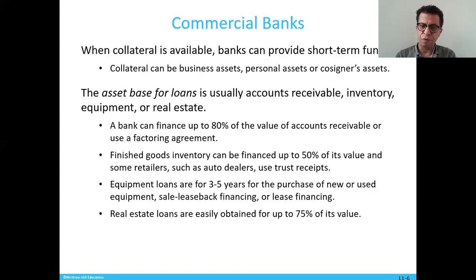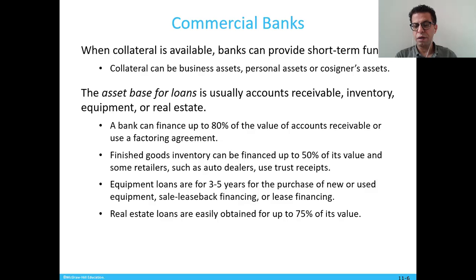Use a factoring agreement. Finished goods inventories can be financed up to 50% of their value, and some retailers, such as auto dealers, use trust receipts. Equipment loans are for 3 to 5 years.